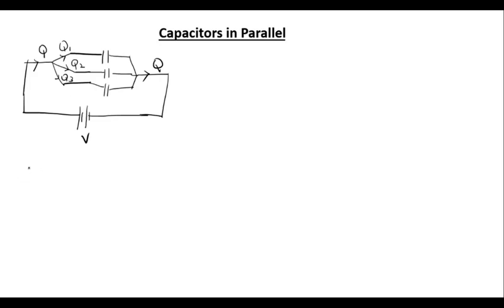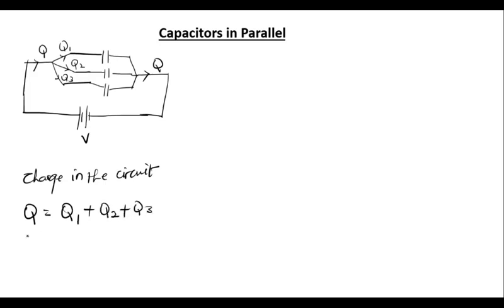So from here we can say what? The charge in this circuit Q is equal to what? The sum of what? The charges across all the three capacitors, that is Q1 plus Q2 plus Q3. But we know what? From what? Capacitance is equal to what?